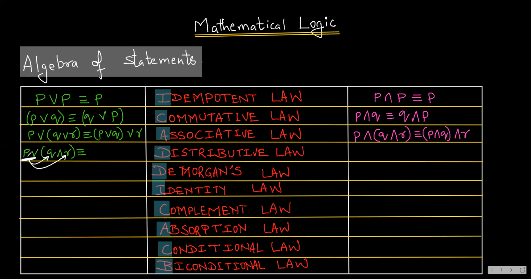So when you distribute P or with Q, you get P or Q, then you distribute with R, so P or R. And in between you have and. So this will be (P or Q) and (P or R).